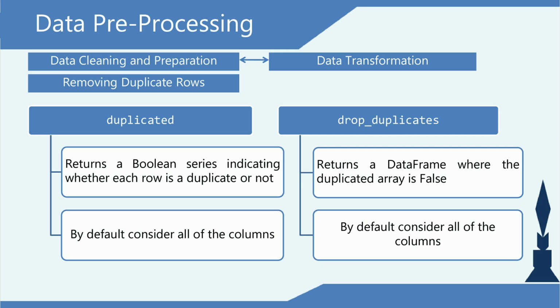The duplicated method returns a boolean series indicating whether each row is a duplicate or not. drop_duplicates returns a data frame where the duplicated array is false. Both of these methods by default consider all of the columns. Alternatively, we can specify any subset of them to detect duplicates.